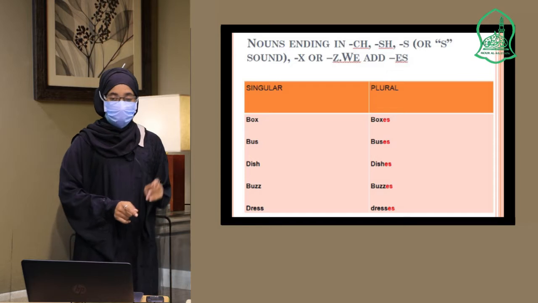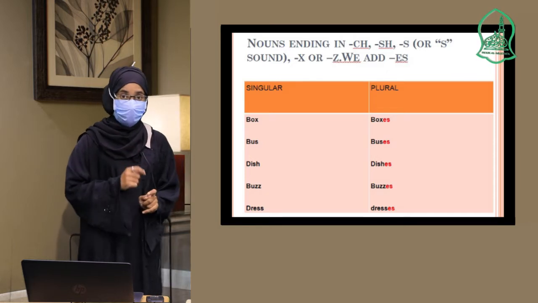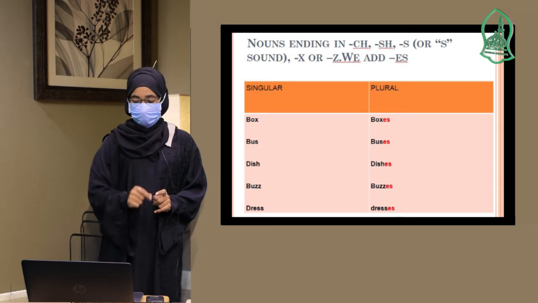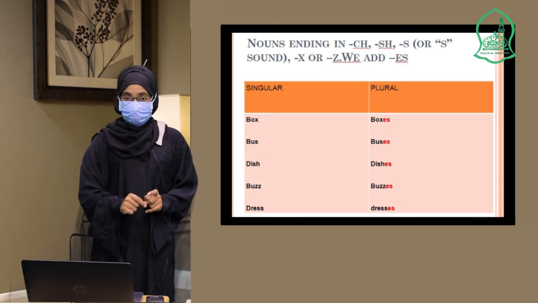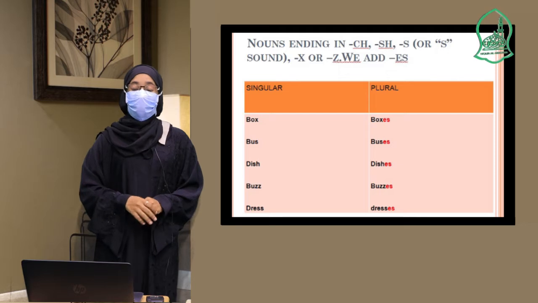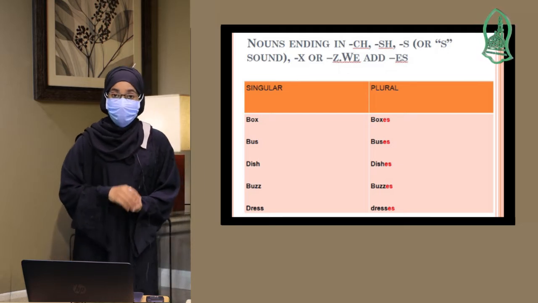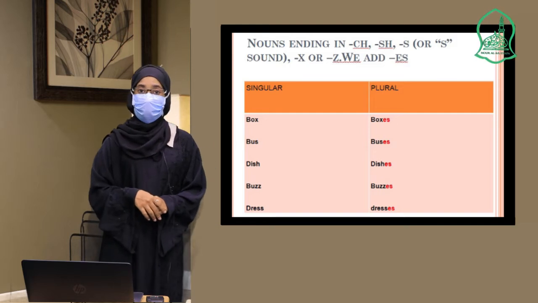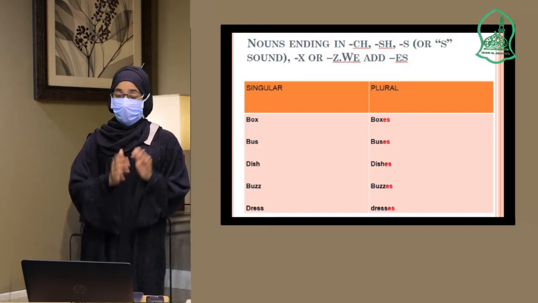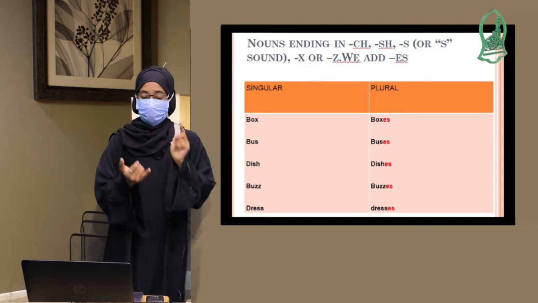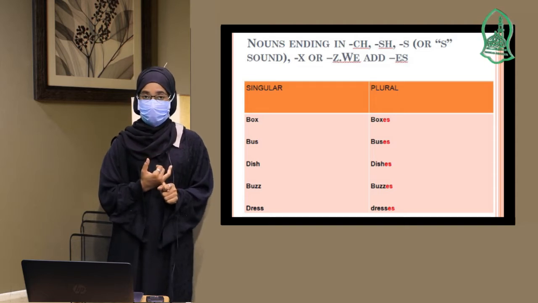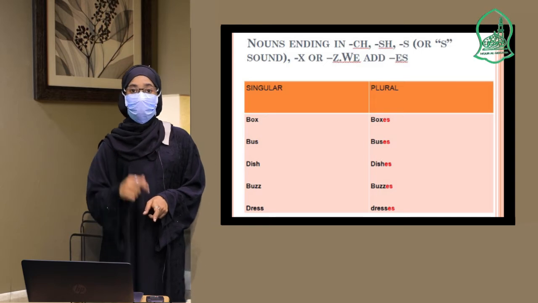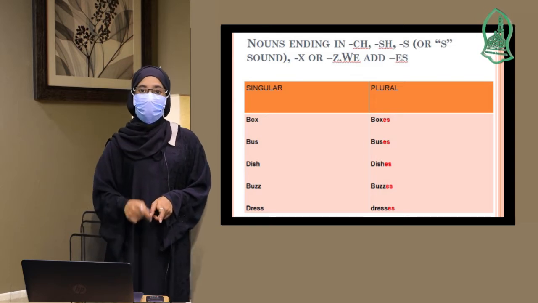Nouns ending with ch, sh, s, x, z, we are adding es at the end of a noun to make it a plural. I want to repeat this one. Nouns ending with ch. We have said that we make plural form of a noun by looking at the end of the word.